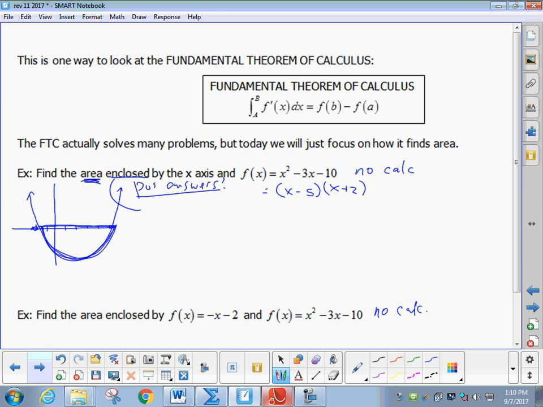So please, you're going to get positive area by taking positive components. And by that I mean, if the base is positive and the height is positive, the area will be positive.